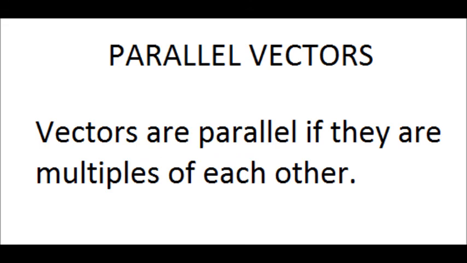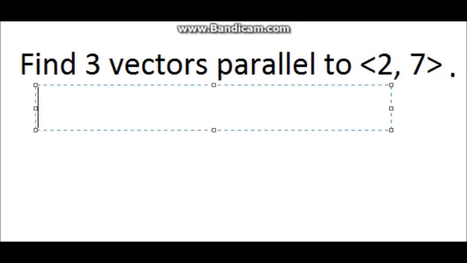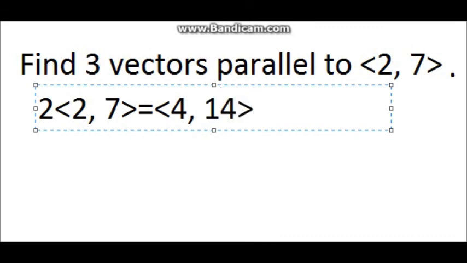Okay, this is the last thing I promise. Parallel vectors. Vectors are parallel if they are multiples of each other. So if you see a problem that asks you to find 3 vectors parallel to (2, 7), all you have to do is multiply it by any number, like 2. So 2 times (2, 7) equals (4, 14).